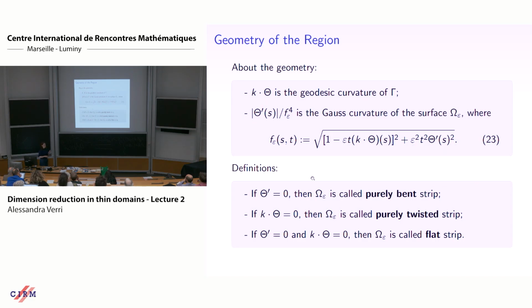And now it's clear the definition of flat strips. A strip is flat in the sense that if these terms are equal to 0, we have the metric equal to 1, it coincides with the Euclidean metric.